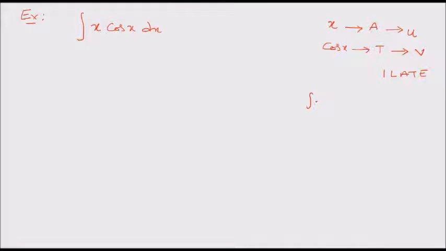and integration of uv dx is to be written as u integration of v dx minus integration of d by dx of u integration of v dx, whole dx. So I'm opening that problem with this condition.